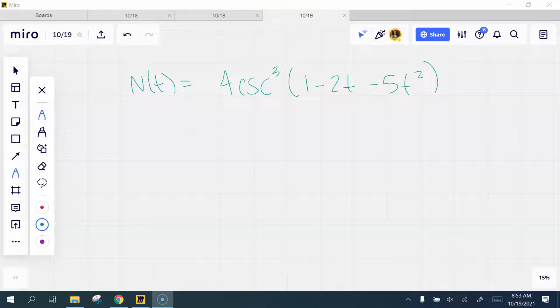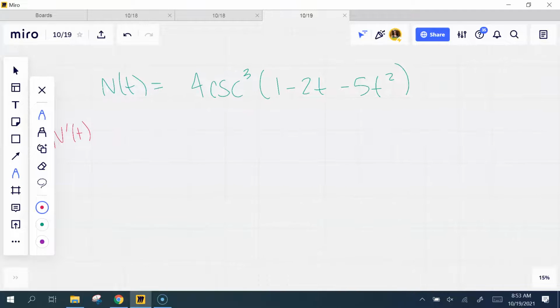I think the last problem should be like this. There wasn't a square. Good job. Yes. All right, we'll do it together.